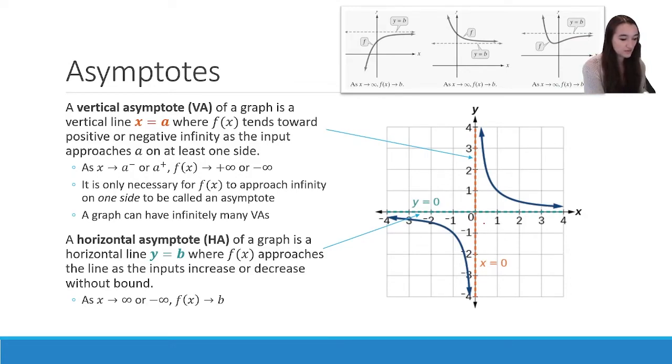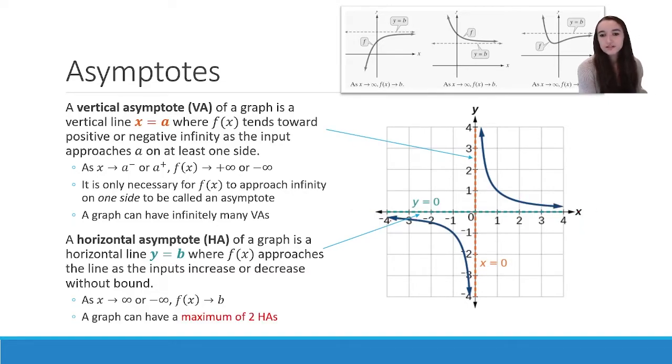So, in this case, for 1 over x, we have our graph approaching the line y equals 0. So f of x goes towards 0. And this happens on both sides, whether we're going towards positive infinity or negative infinity. Now, it doesn't have to happen the same way on both sides.